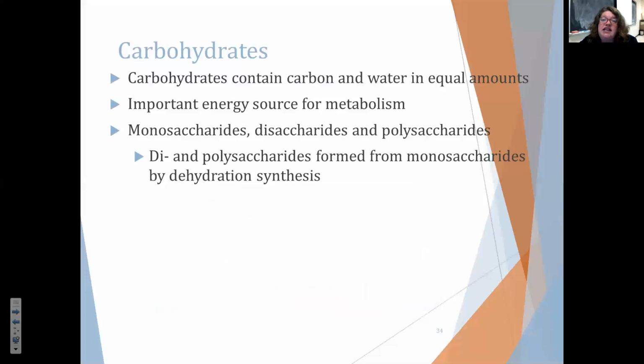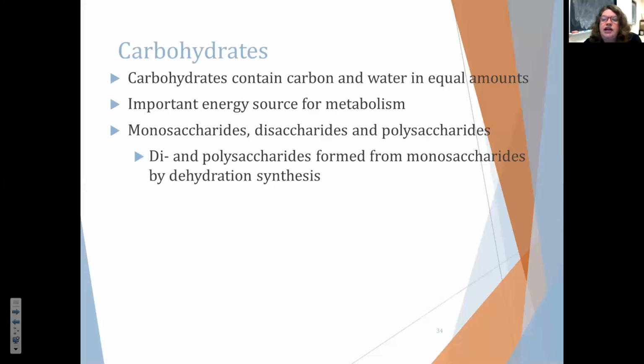So now we can take those two reactions and apply them to all of these individual sets of macromolecules. We can apply dehydration synthesis and hydrolysis to carbohydrates, lipids, proteins, and nucleic acids, as we talk about each of those macromolecules in a little bit more detail.